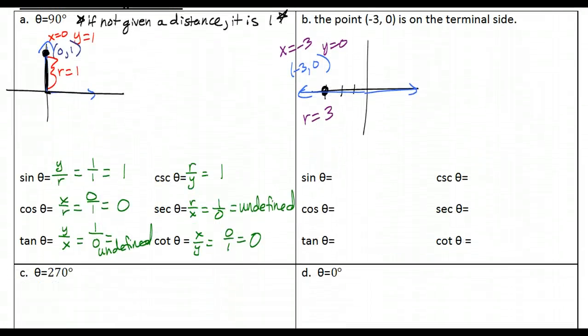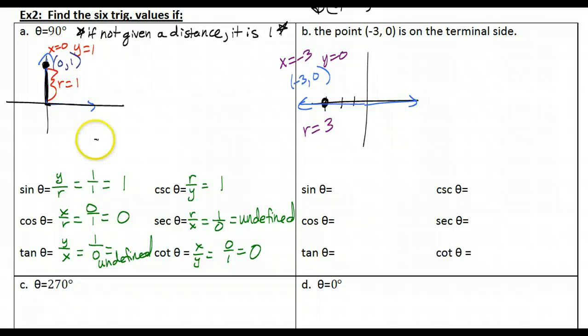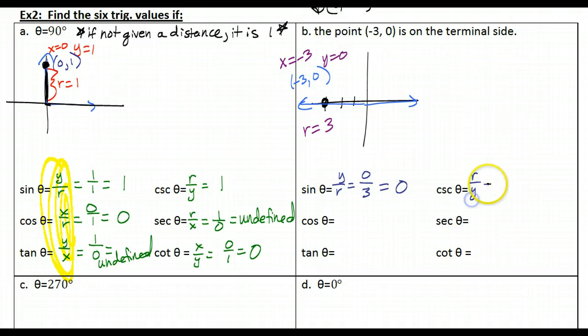So again, if you know these y, r, x, r, etc., this goes really fast. So again, sine is y over r. Y is 0, r is 3. That is 0. When I flip that for cosecant, I get 3 over 0, which is undefined.